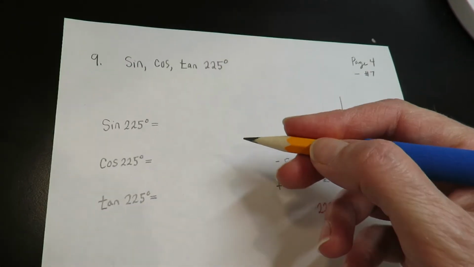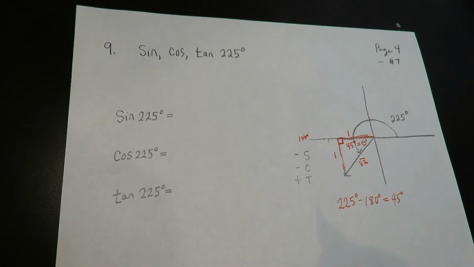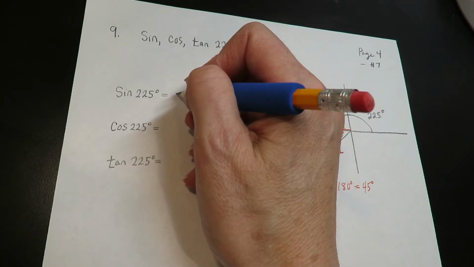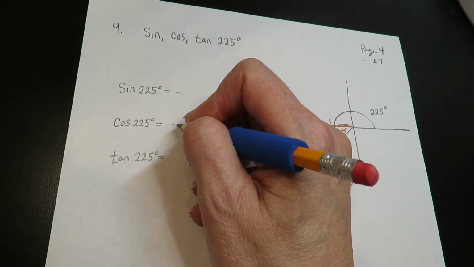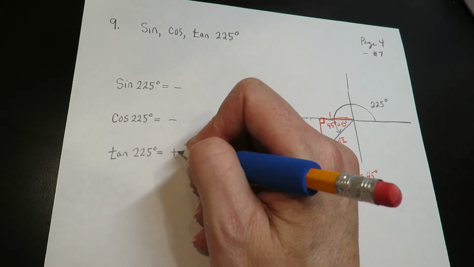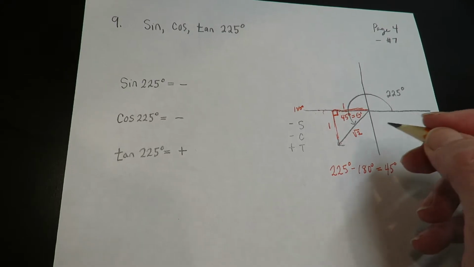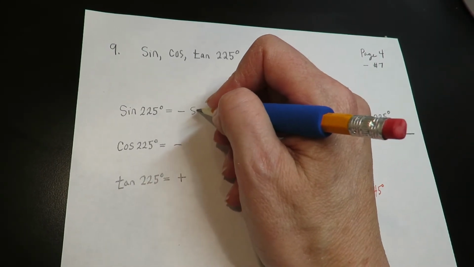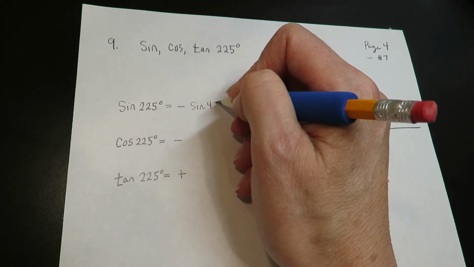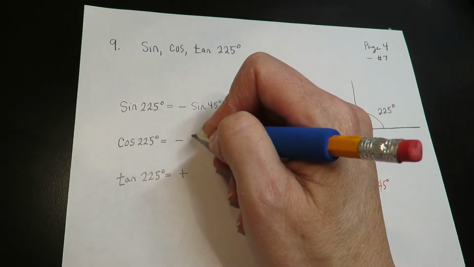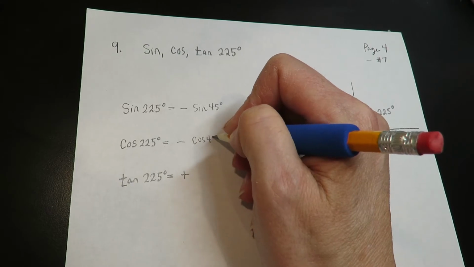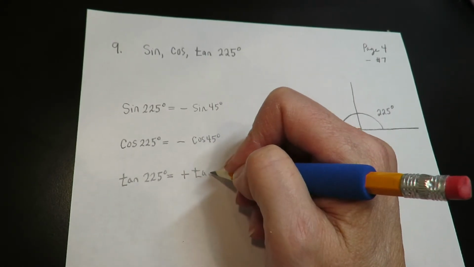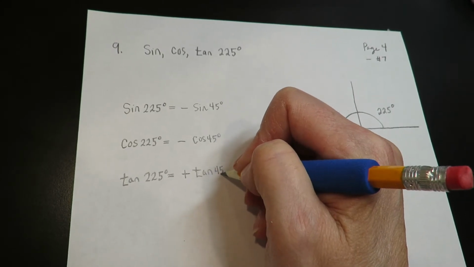All right, so now let me come over here. So now I have to combine both the plus or minus with the reference angle. So the sine is negative, the cosine is negative, and the tangent is positive in quadrant 3. And then I'll put the reference angle in. So this is sine 45 degrees, cosine 45 degrees, tangent 45 degrees.